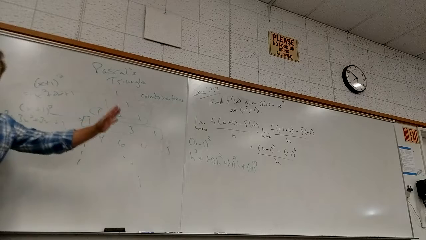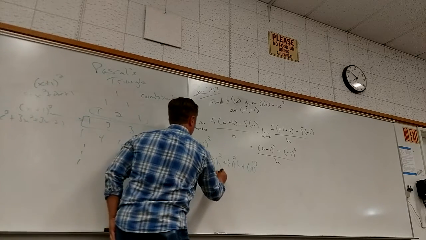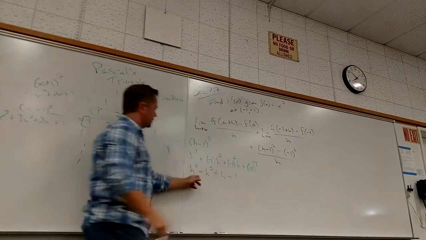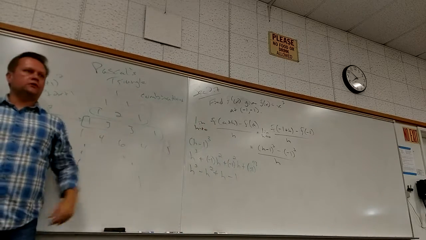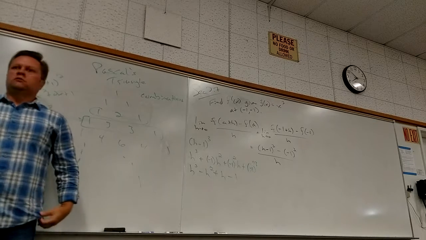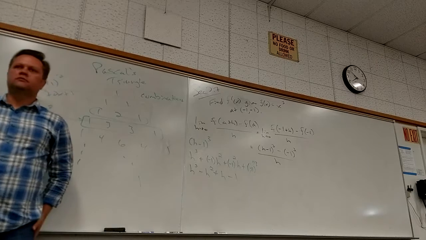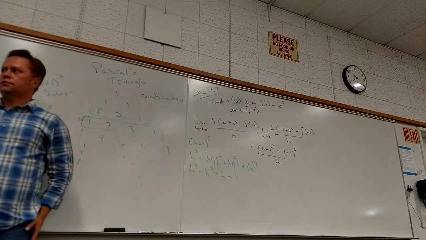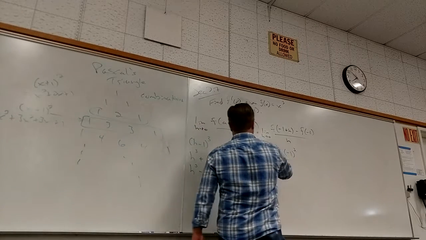If you don't, don't worry about it. So here I got h cubed minus h squared plus h minus 1. That's exactly what you get if you FOIL that out. If you never want to use Pascal's triangle, I don't care. I sort of don't understand you, but it's all good. It's just a shortcut. So this will be down there.